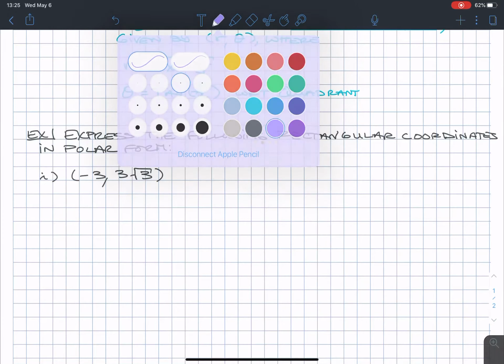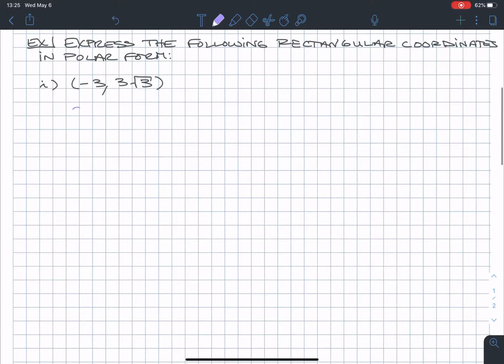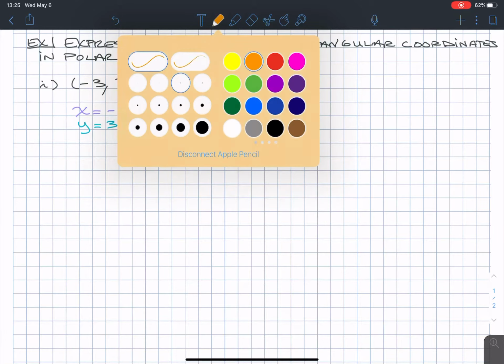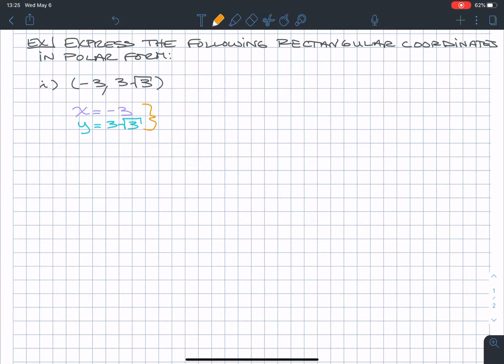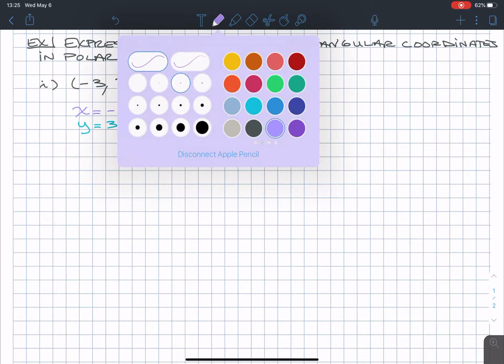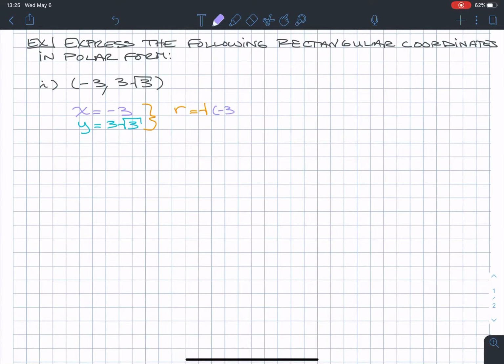So in this case, x is equal to -3, and y is equal to 3 root 3. Together, these mean that the radius r will be the square root of quantity -3 squared plus quantity 3 root 3 squared.